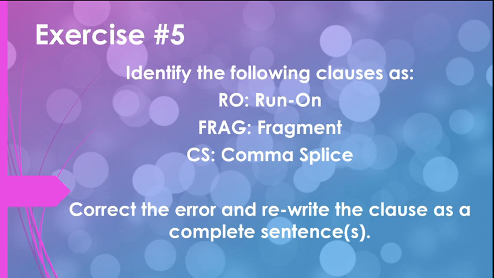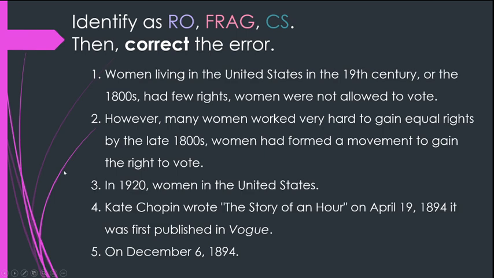Moving on to exercise number 5, I want you to identify in the following clauses if they are run-ons, fragments, or comma splices. After that, I want you to rewrite the clause as a complete sentence. So let's look at those sentences. Again, these are all related to the story. They're not necessarily from the story, but they are related to the background.